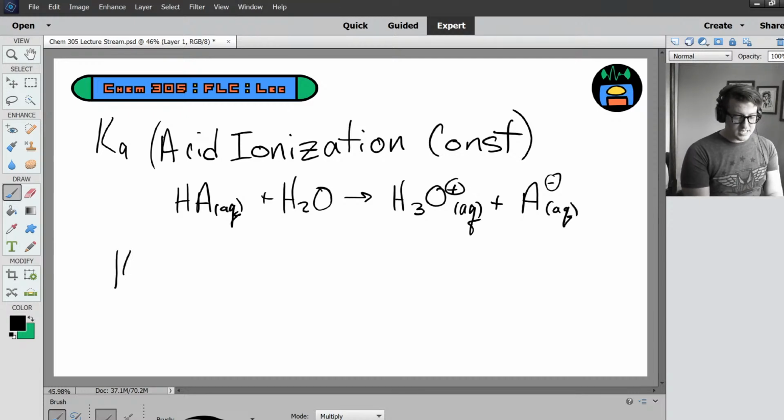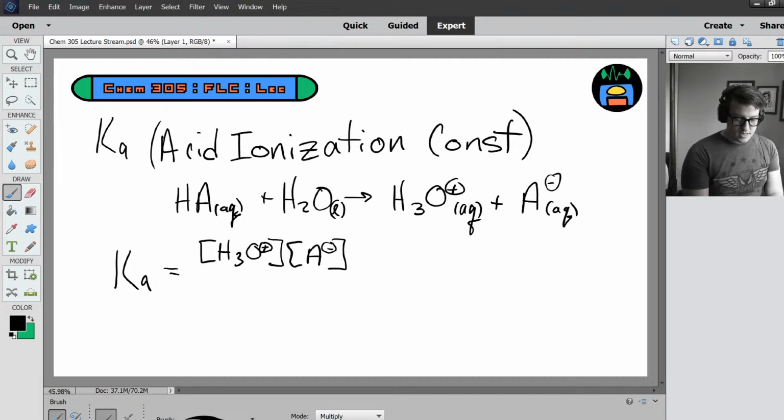So it's equal to products over reactants as always. So the molarity of hydronium times the molarity of the conjugate base divided by the molarity of the acid.